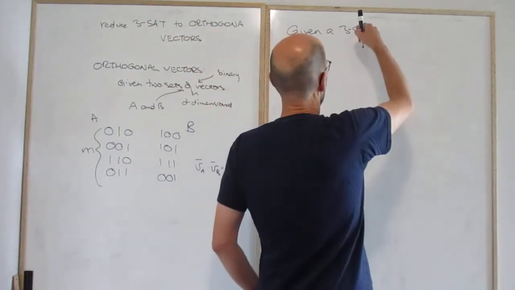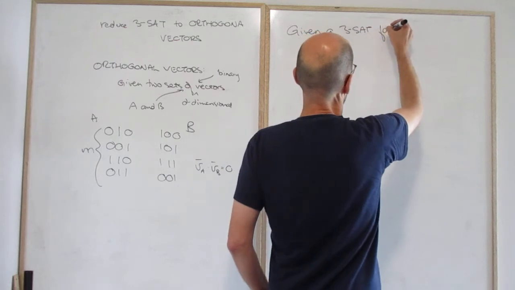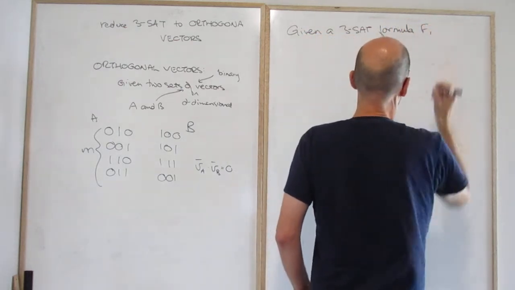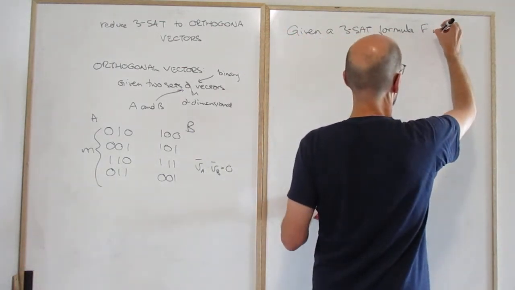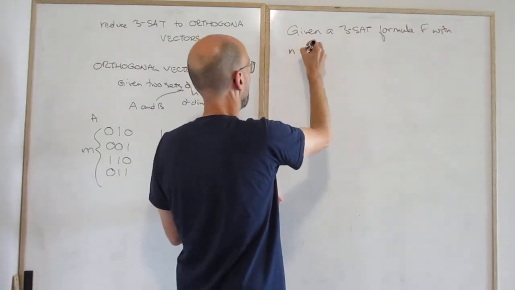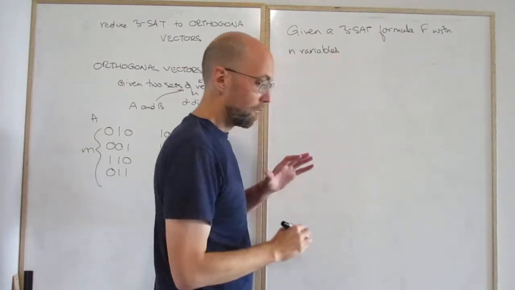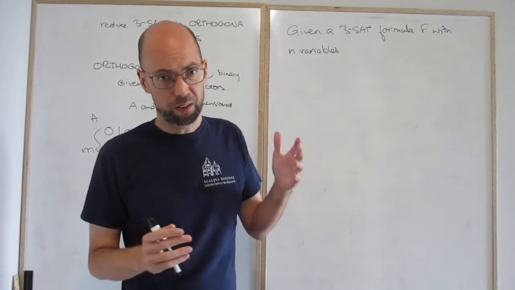But if you're understanding this, given a 3-SAT formula F with n variables, we split, and let's say n is even, okay?